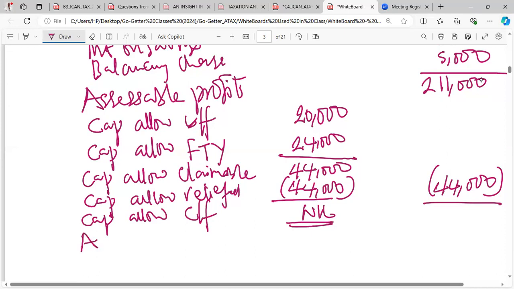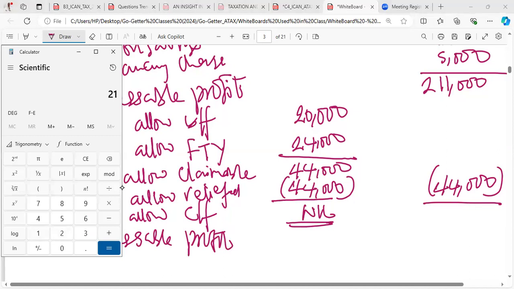Then your assessable profit at this time will be 211,000 minus 44,000. That will give me 167,000.